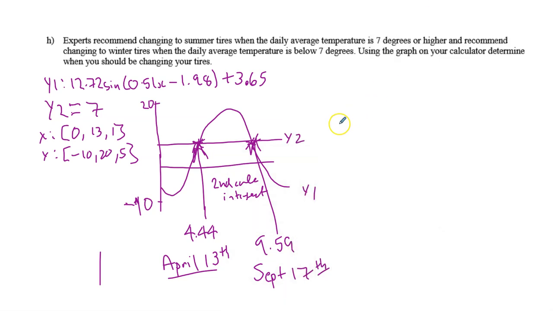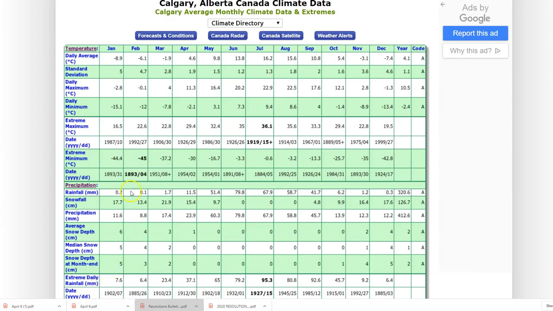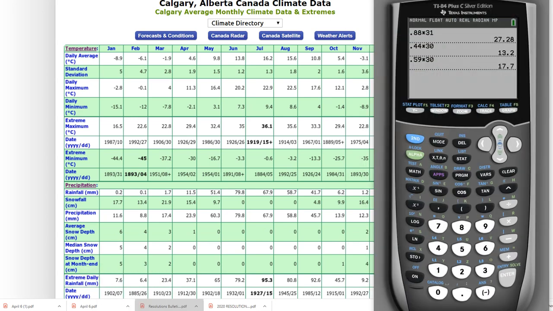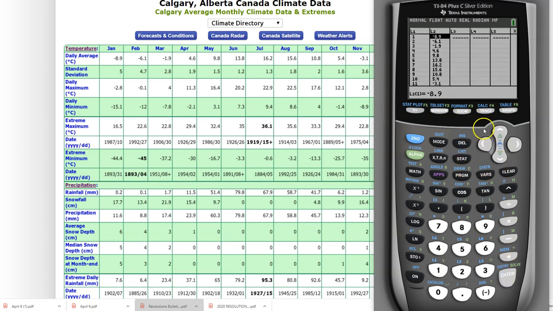All right, so what did we do? We took a set of data from the internet, weather records collected over a long time. We ran a regression on that. And then we used that data. Okay, so we put the data into our list, right?